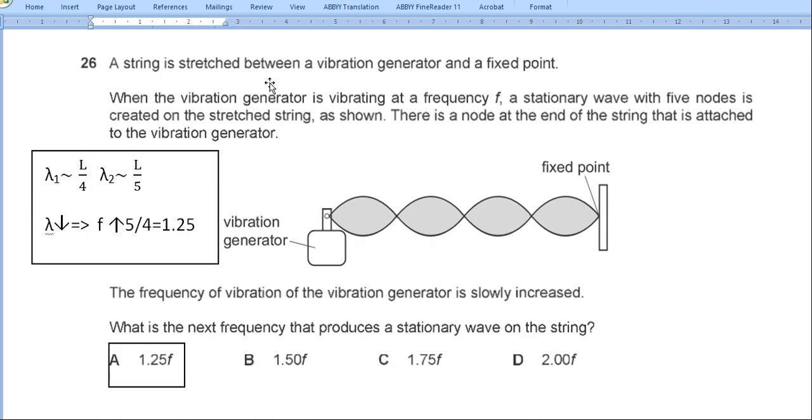A string is stretched between a vibration generator and a fixed point. The vibration generator is vibrating at a frequency F. A stationary wave with 5 nodes is created on the stretched string as shown. There is a node at the end where the string is attached. The frequency of the vibration generator is slowly increased.